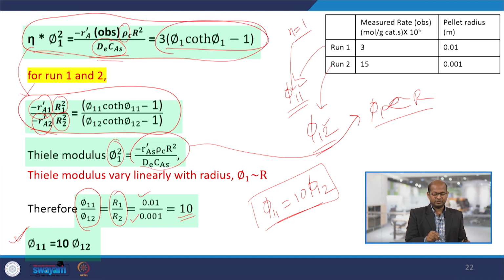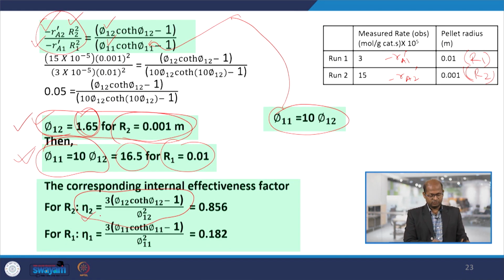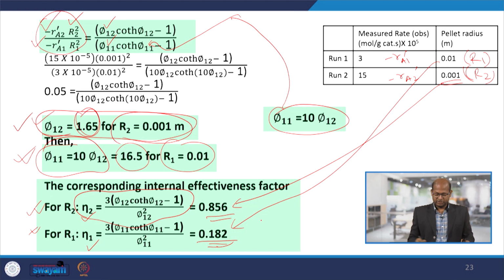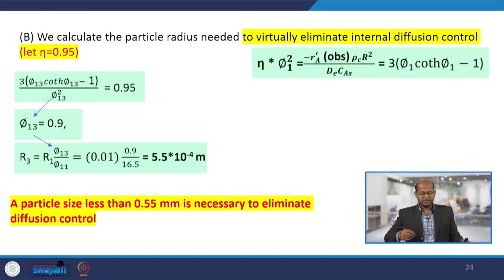If we put this value and the phi 1 value, then eta would come. So, then eta 2, eta 1 we can get. So, effectiveness factors for two different sizes of particles are these. When R 2 is the smaller particle, the effectiveness factor is close to 1, and when the particle size is large, the effectiveness factor is very small. So, it indicates that some diffusion does exist.